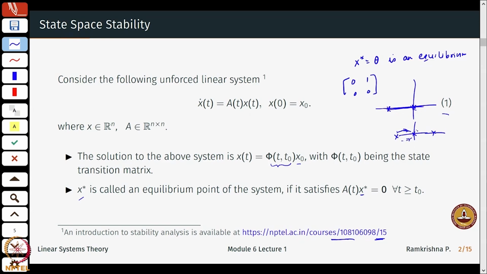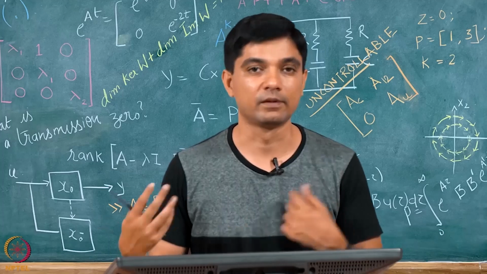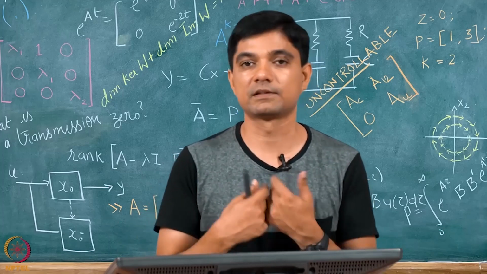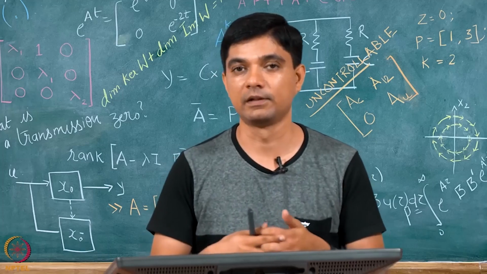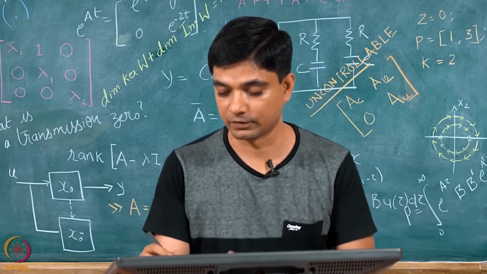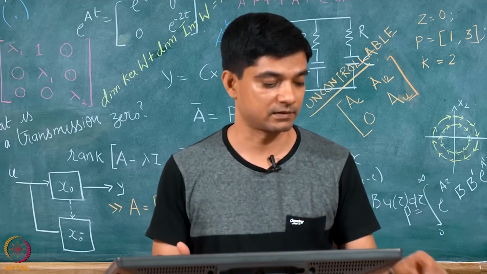So this is a stable equilibrium, and these two equilibriums could be unstable, and so on. These are what are called isolated equilibrium points. But for us we know that the origin is the equilibrium of interest, and just for notational purposes we will call it generally x star.